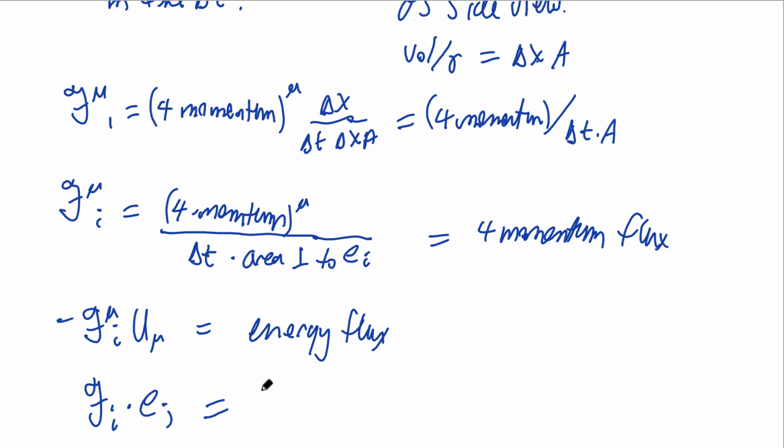And this picks out the three momentum part of the four momentum and leaves us with the three momentum flux. More precisely, this would be the jth component of momentum flux across the area perpendicular to the ith basis vector.